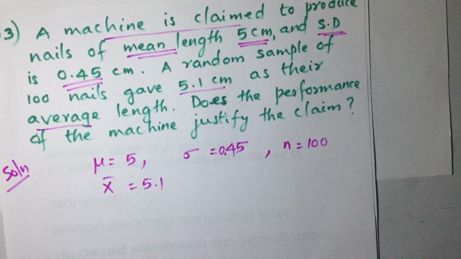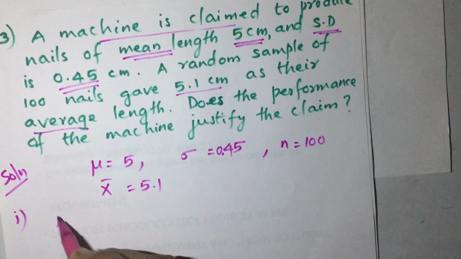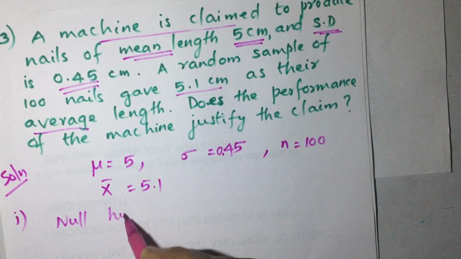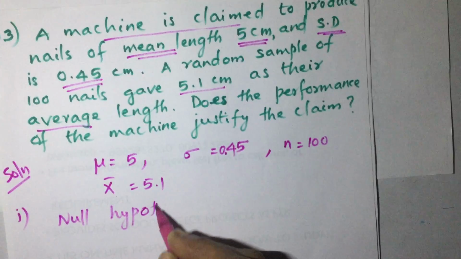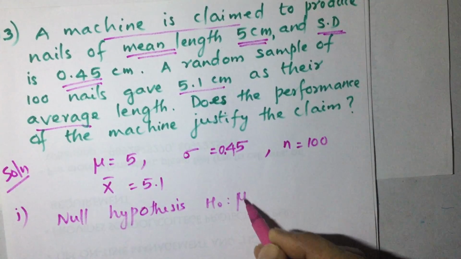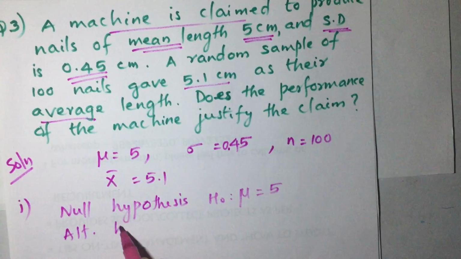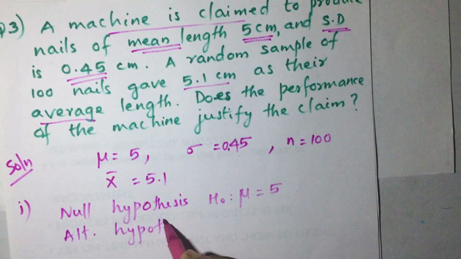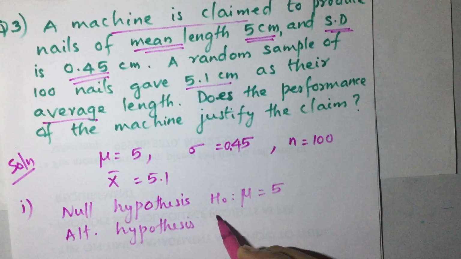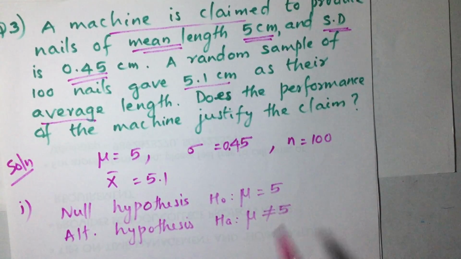Does the performance of the machine justify the claim? To test that, assume the null hypothesis H0: mu is equal to 5, and the alternate hypothesis HA: mu not equal to 5.